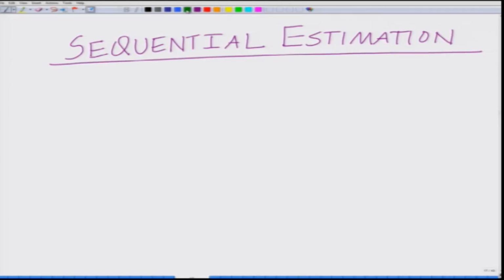Basically, sequential estimation is about how to continuously keep estimating. As the name implies, the estimation is being carried out sequentially, which means the estimate is continuously updated as and when the observations are arriving.